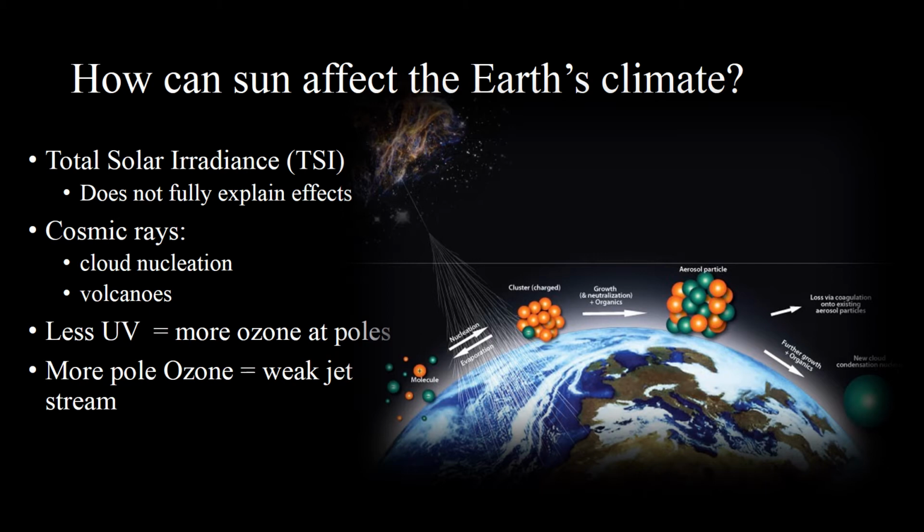So there must be other mechanisms in play. One other mechanism is cosmic rays and the effect on cloud nucleation and volcanism or volcanoes. Another mechanism is the UV effects on ozone, and it's particularly ozone at the poles, and the effects on the jet stream.